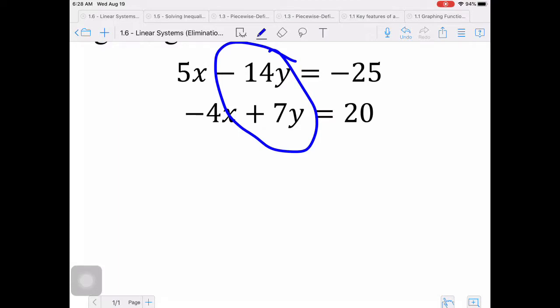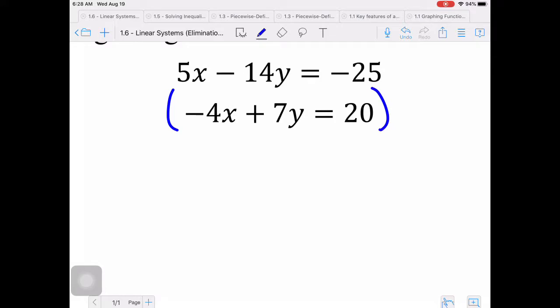Okay, now that means that I have to make that 7 into a 14, so I have to multiply everything because you want to keep it equivalent. You can't just multiply one number because now you're changing the whole equation. So I'm going to multiply everything by 2. Alright, let's see what we get.